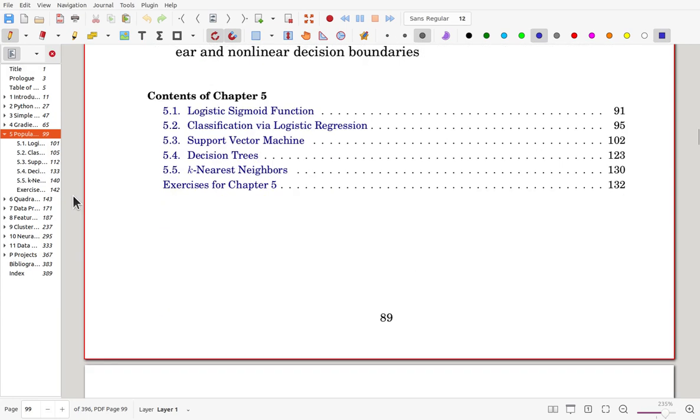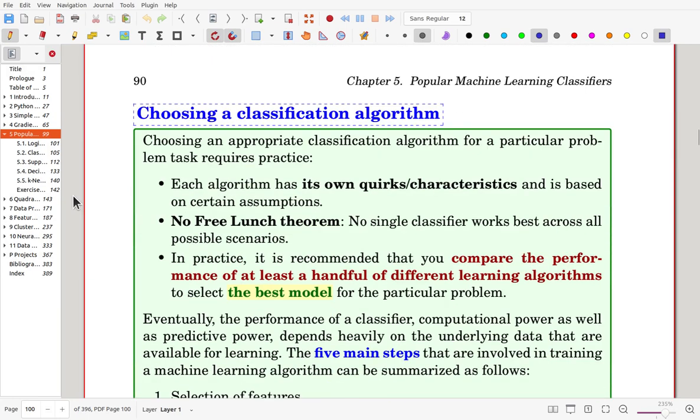Choosing a classification algorithm is not a simple task in practice. Each algorithm has its own quirks and characteristics and is based on certain assumptions. So no single classifier works best across all possible scenarios, which is the basis for the no-free-lunch theorem.